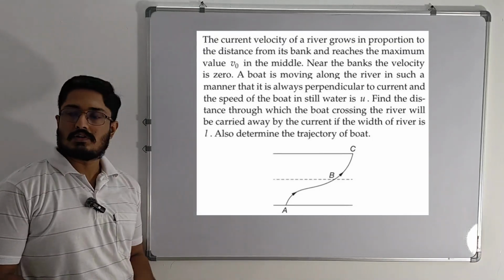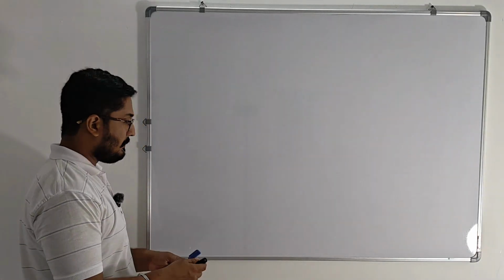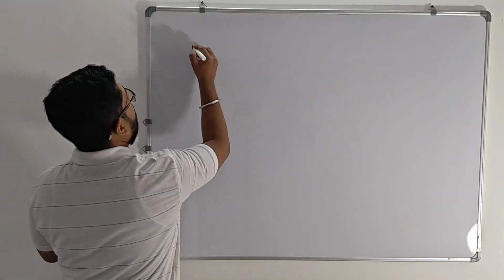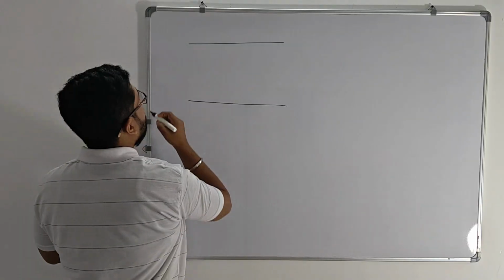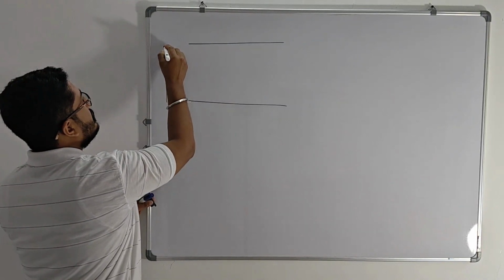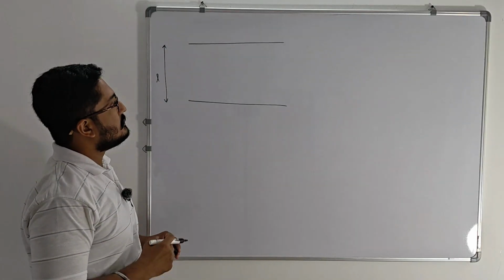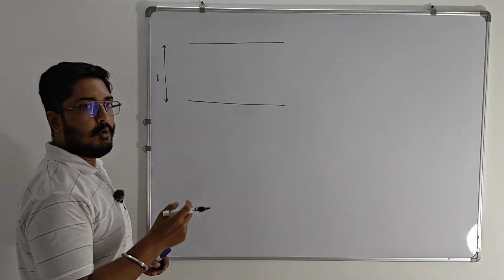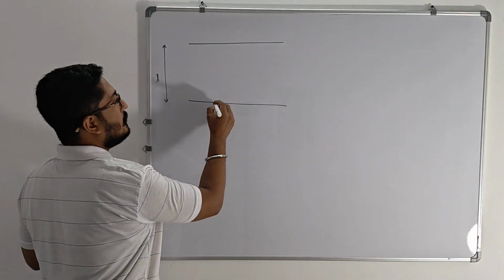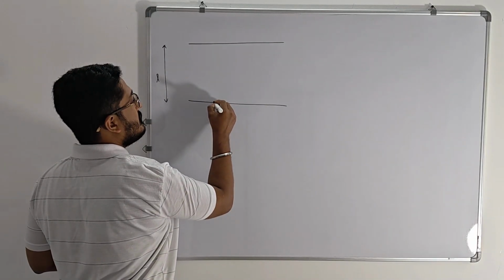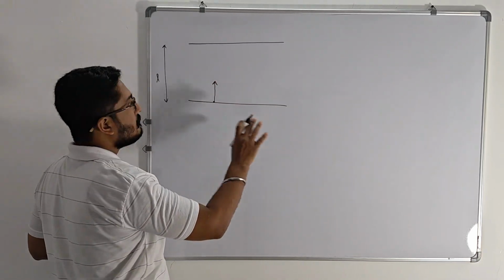Okay, so as per the question, we are having a river, right? So let me draw this. You have a river which, let's say, looks like this. The width of the river is given in the question as L. Now the boatman is propelling the boat in the upward direction, perpendicular to the flow of the river.